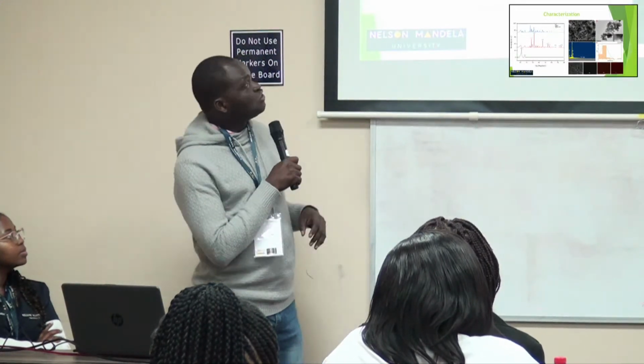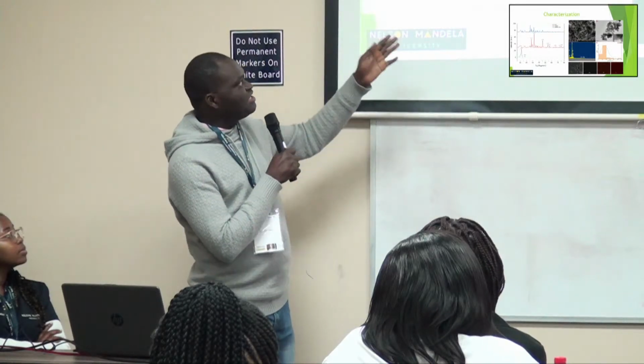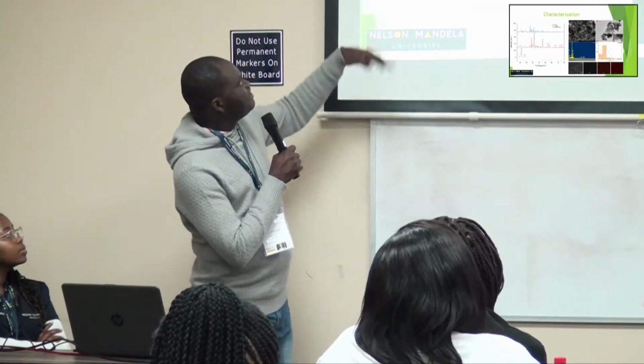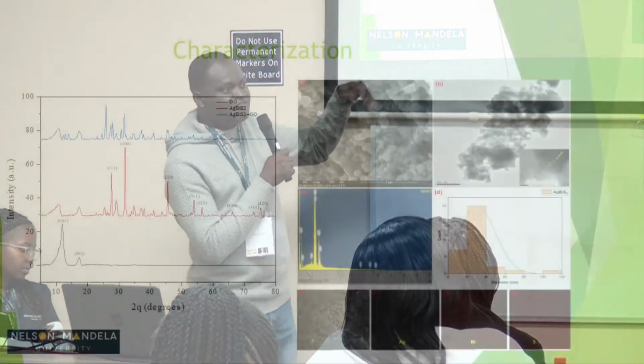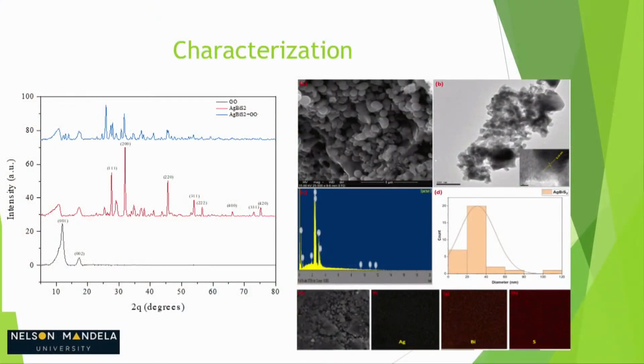Then, from the result, a little result from the characterization, we've carried out the XRD. XRD will enable us to know, have we been able to form that particular compound, and the result shows that we've been able to form the compound. We went further to look at the morphological characterization. We look at SEM, we call it surface morphology.